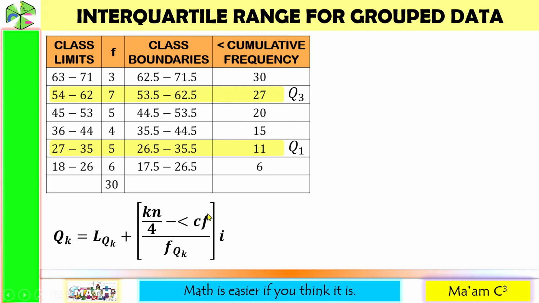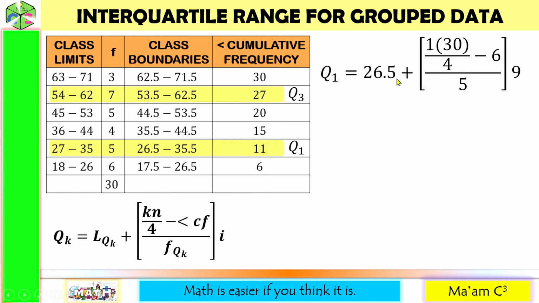Now that we already know all the values, let us substitute them in the formula. Again, 26.5 is the lower class boundary of the quartile class. 1 here stands for the first quartile. 30 again is the total frequency, divided by the constant 4. Then 6 here is the less than cumulative frequency of the class previous to the quartile class.